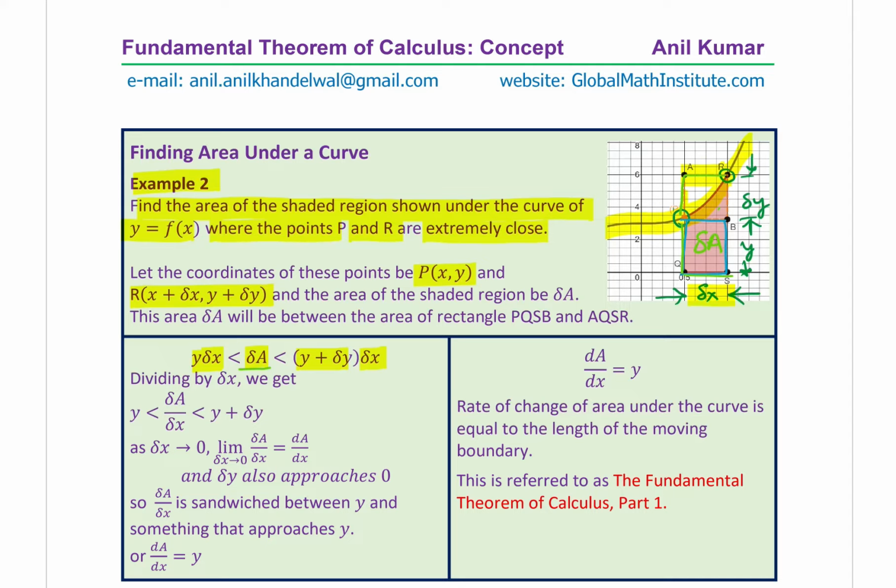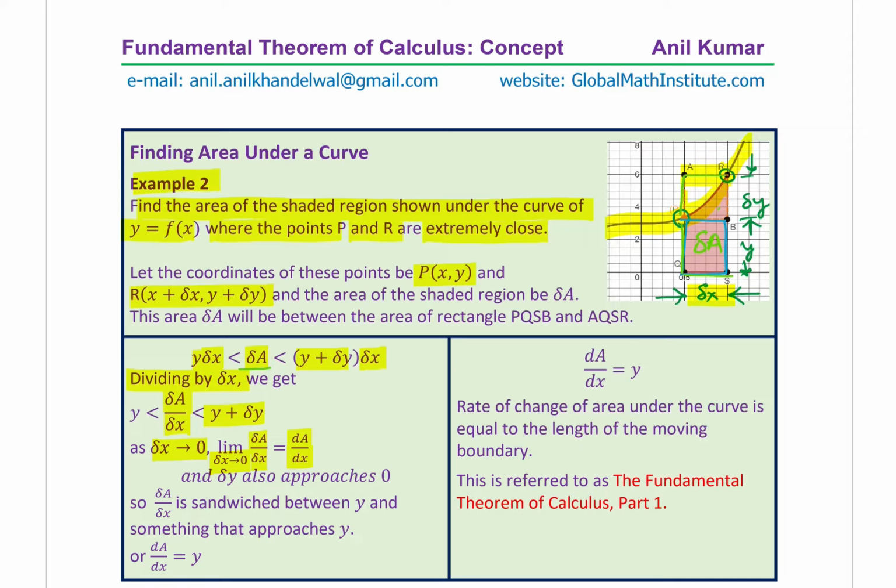Now, let's divide by delta x. What do we get? We get y on one side and y plus delta y on the other side, delta A over delta x right in between. Now when delta x is very small, approaching 0, then delta A over delta x, where the limit as delta x approaches 0, it is dA/dx. That's the definition of derivatives, correct?